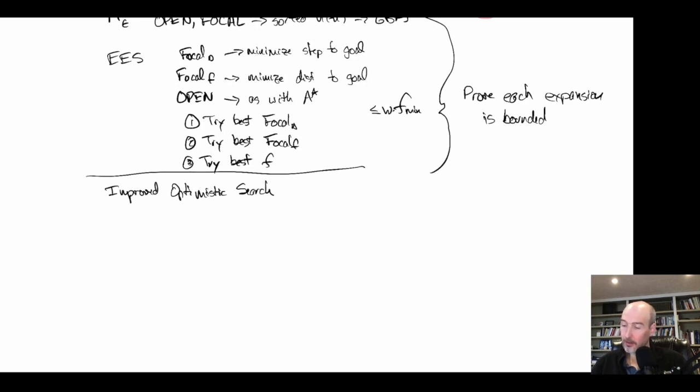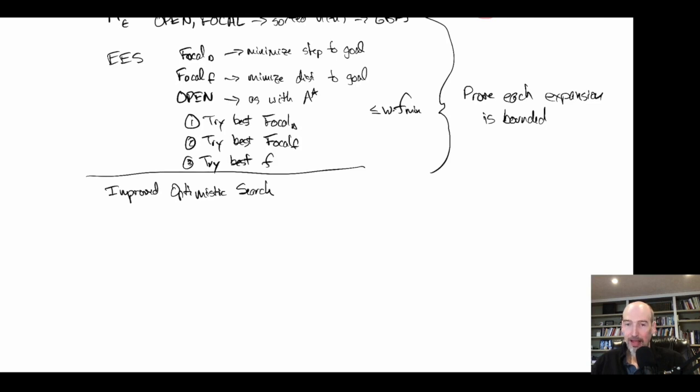Okay, so the idea here is that in EES and A star epsilon, we proved that every expansion was bounded. Every time we did an expansion, we knew that we were within the bound, and if that was the goal, we'd be able to immediately terminate and know that we had found a W suboptimal solution. What we're going to do here is something a little bit simpler, maintaining the data structures that EES had.